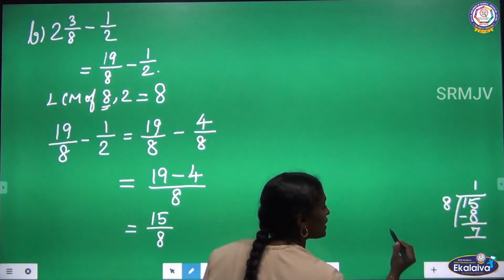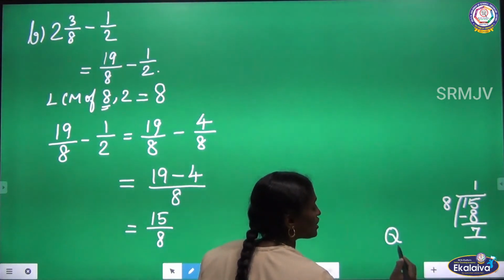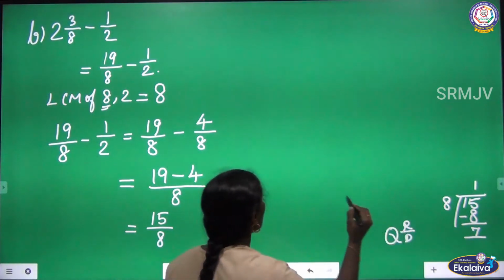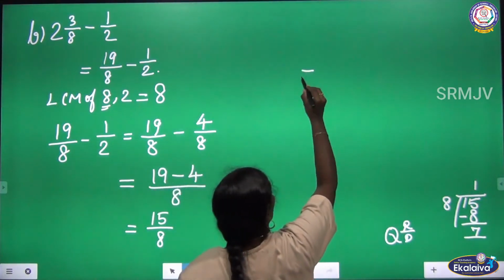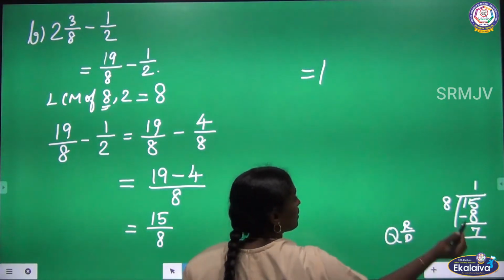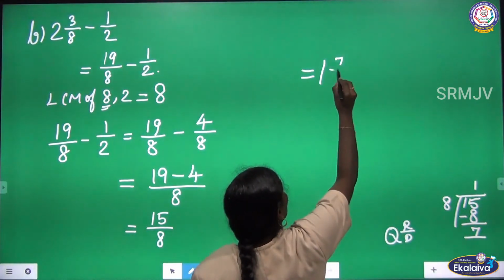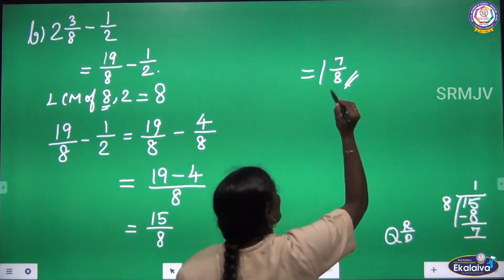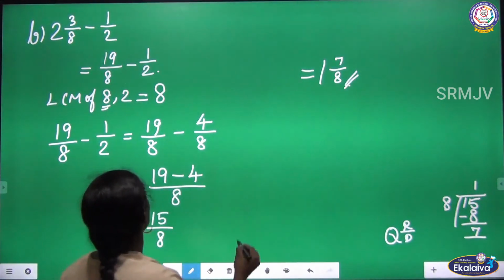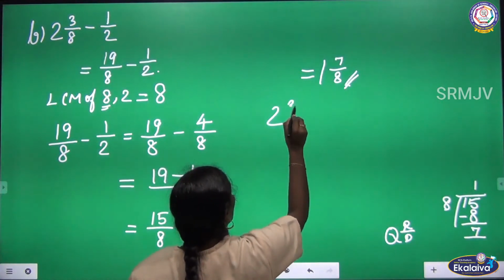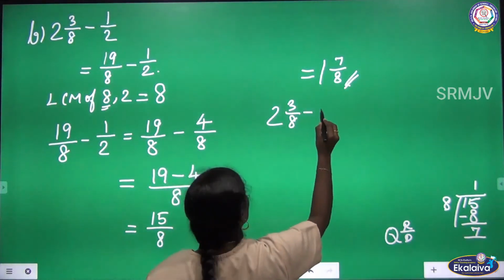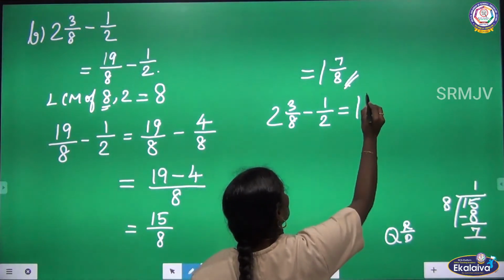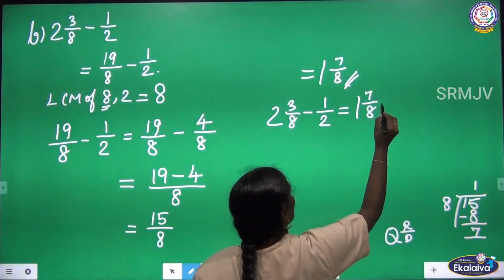So, we write the quotient as the whole number part, and remainder by divisor as the fraction part. Okay, so quotient is 1, remainder is 7 by divisor is 8. So, 1 7/8 is the answer. So, 2 3/8 minus 1/2 is equal to 1 7/8.